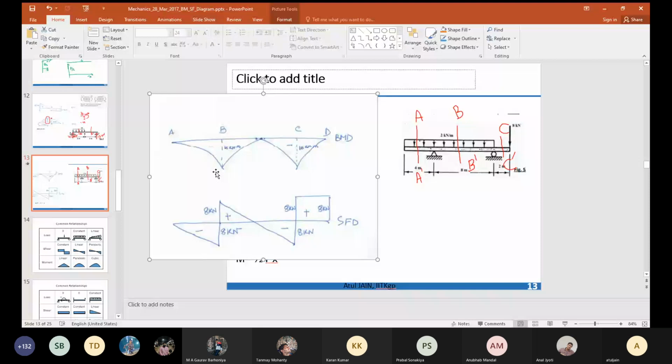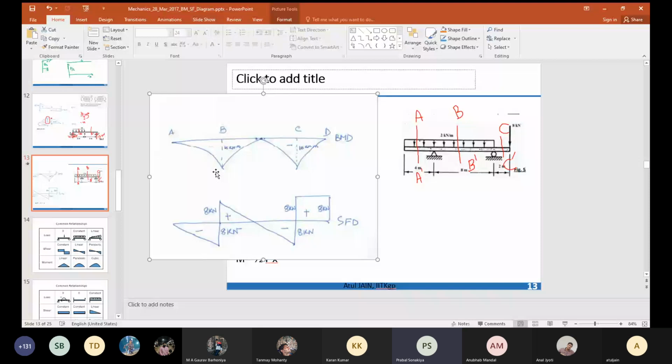That is one option. The other option is that you draw the SFD using the method that we discussed and integrate to get the BMD. That is also okay. Does this help you? Can you just repeat it once more, please?